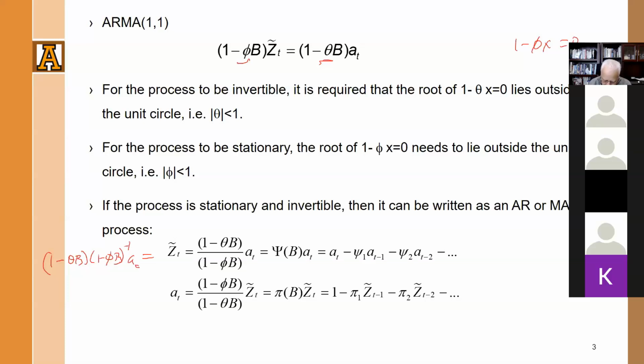Because if it's stationary, the inverse of this polynomial is an infinite sum of white noise, and that infinite sum will have the property that the sum of the psi weights will converge. And we can do this because the process is invertible.